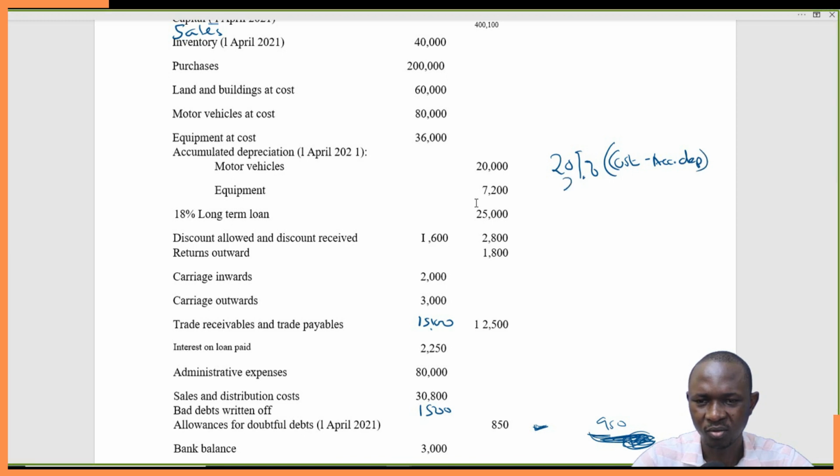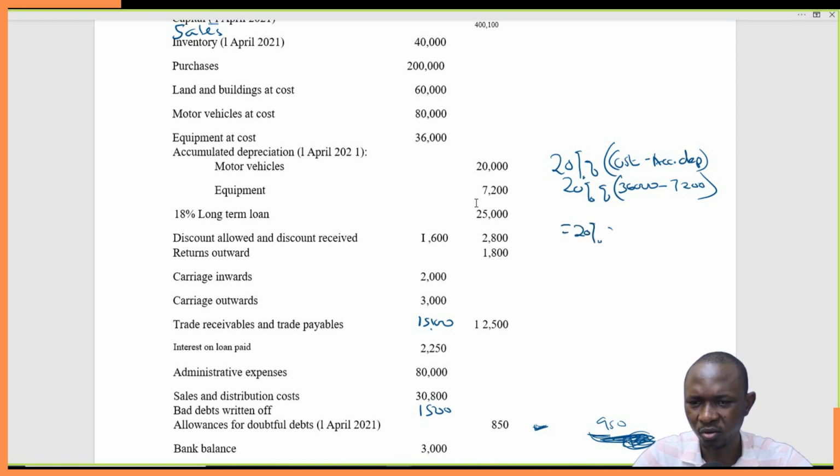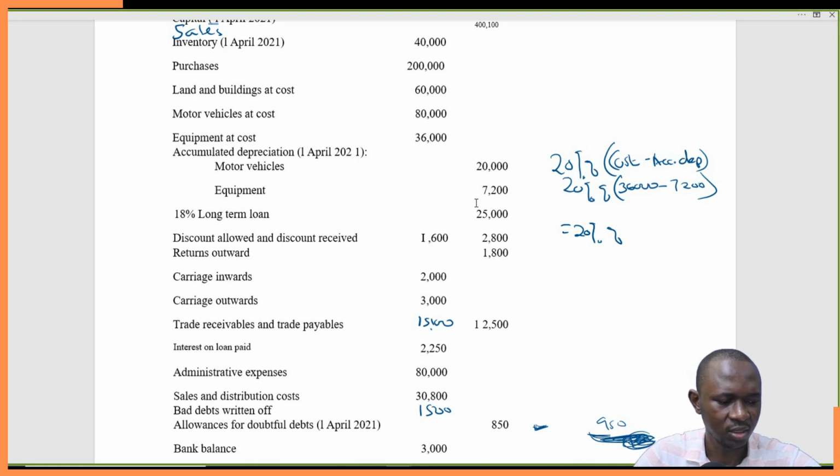So in this case, it will be 20% of the cost of equipment, 36,000, minus accumulated depreciation, 7,200. That is the accumulated depreciation over time. That gives us 28,800.